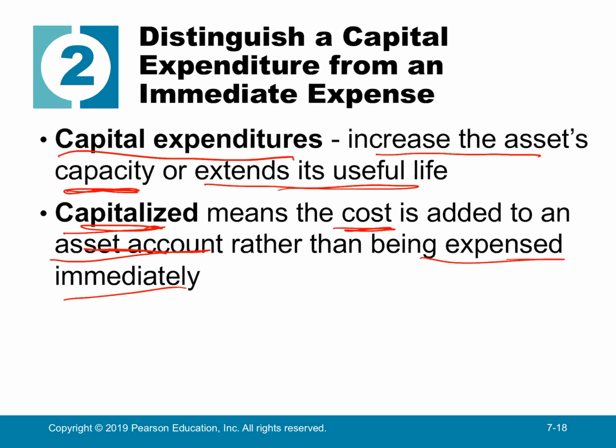So this is the exact example of purchasing a car, right? If you purchase a car, you don't record car expense. You debit car, let's say for 1,000, and you credit cash for 1,000. So you've debited an asset account. This is capitalizing something, right?